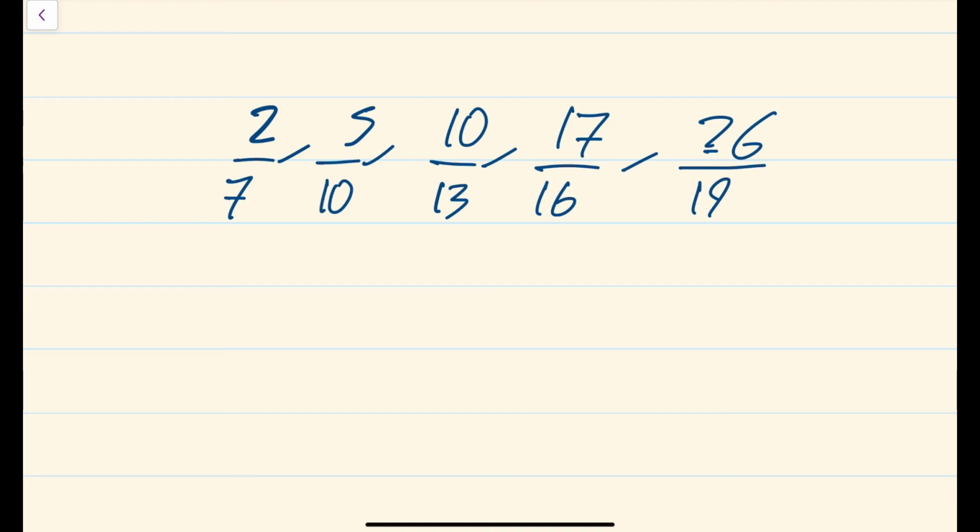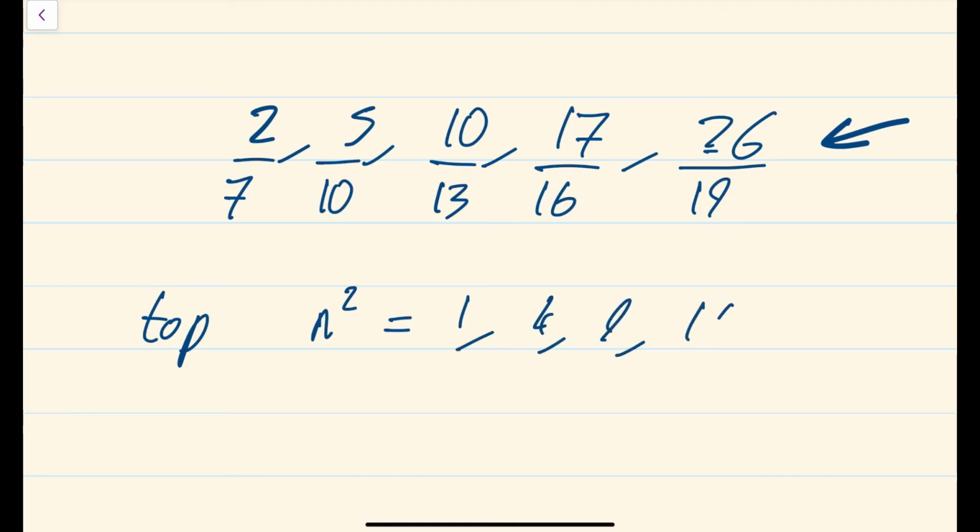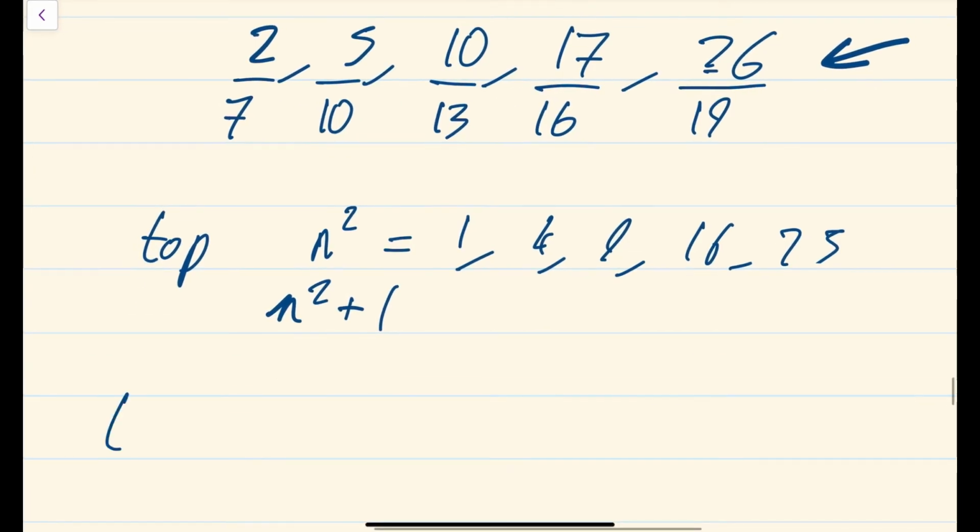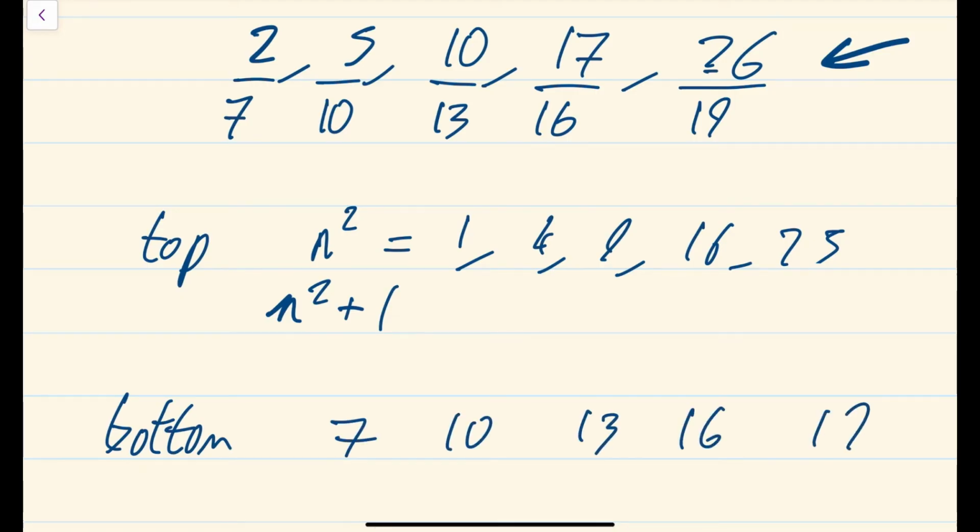So if I had one like this, my top line is almost n cubed. Remember n squared would have looked like this. It would have been 1, 4, 9, 16, 25. So my top line is n squared plus 1. My bottom line, let's just write it out again. It was 7, 10, 13, 16, 19.